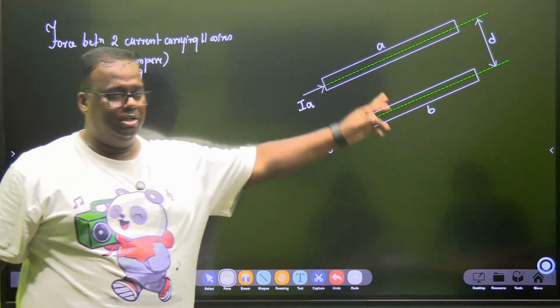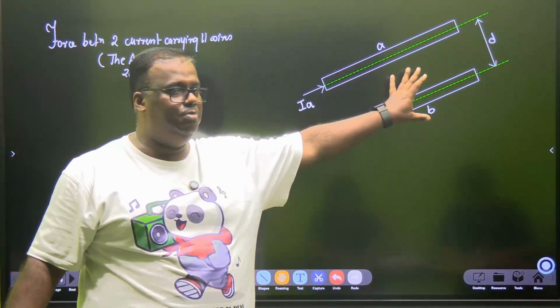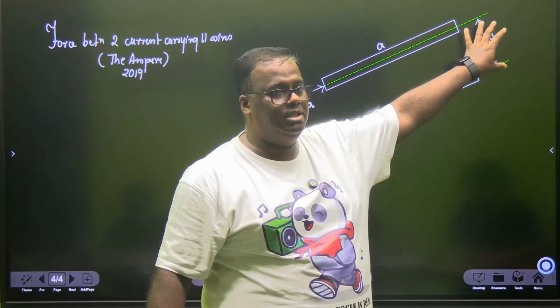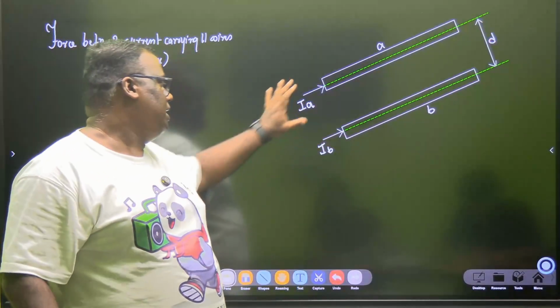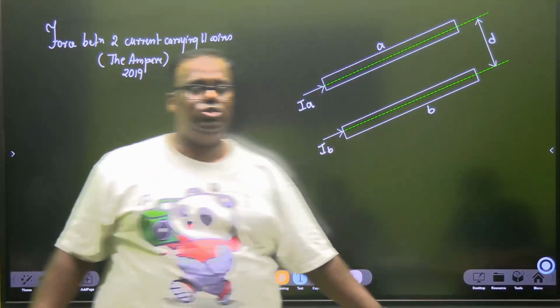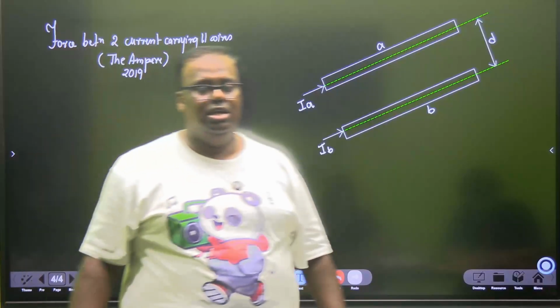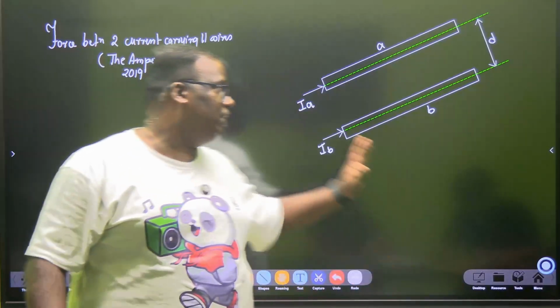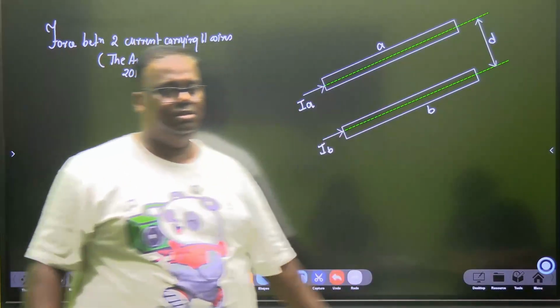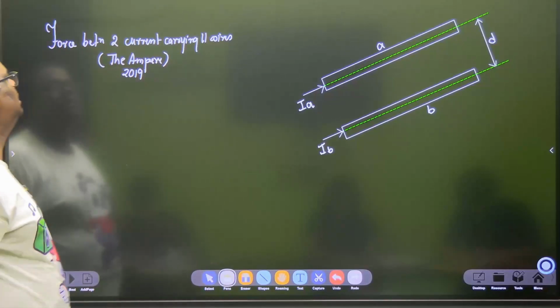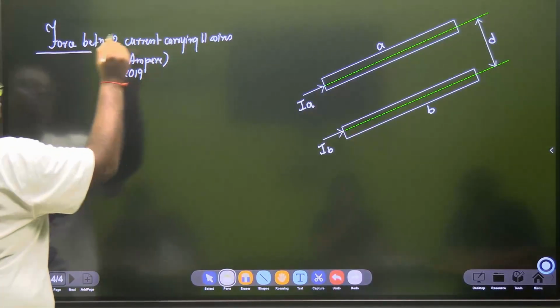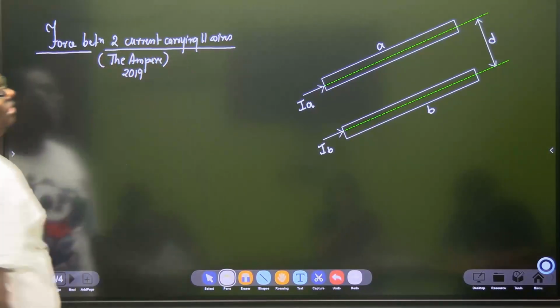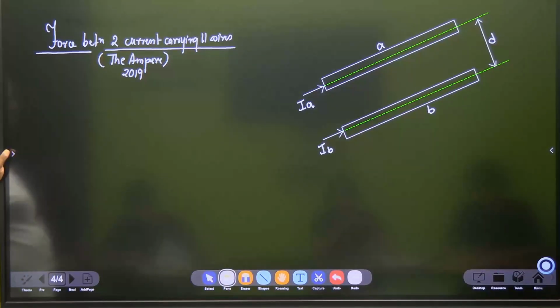These two currents should be steady currents, okay? Currents IA and IB are fed through the wires A and B. Now look at the diagram, so it becomes clear.